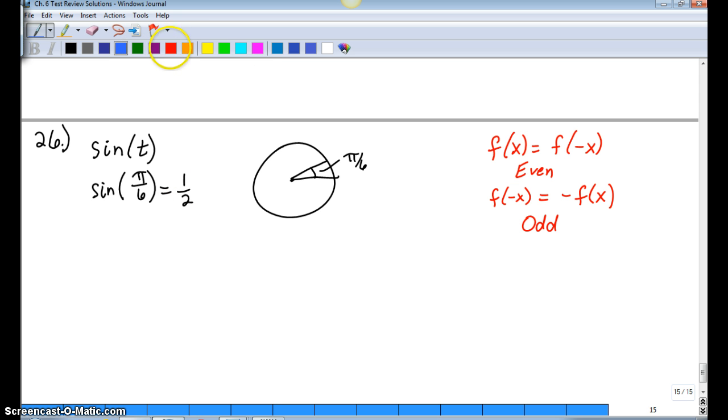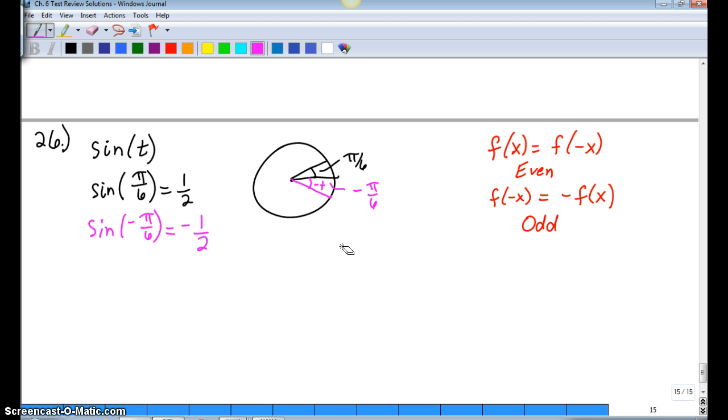Negative angle identity says, let's go down here, the same distance. We're going to call it negative t, and that's going to be negative pi over 6. So now we're going to evaluate sine of negative pi over 6. Well, we're still looking at the unit circle value of sine of pi over 6, which is 1/2. But because we are in quadrant 4 down here, that means that we are negative 1/2.